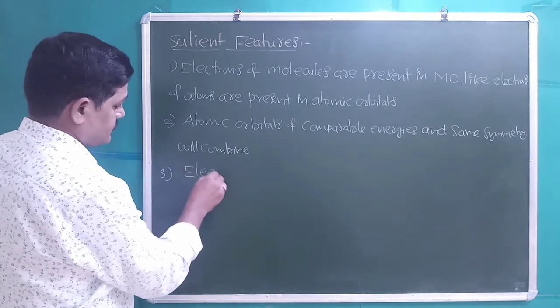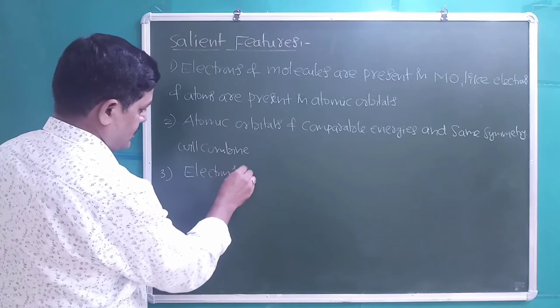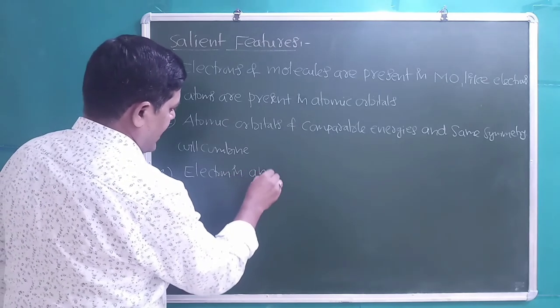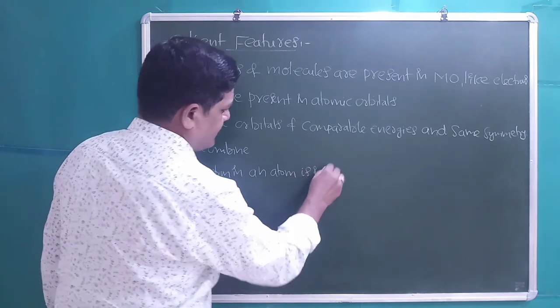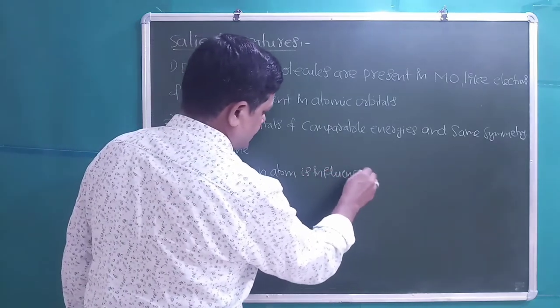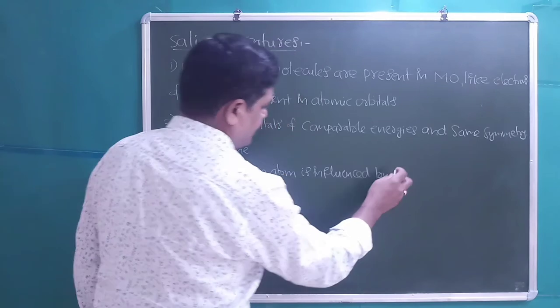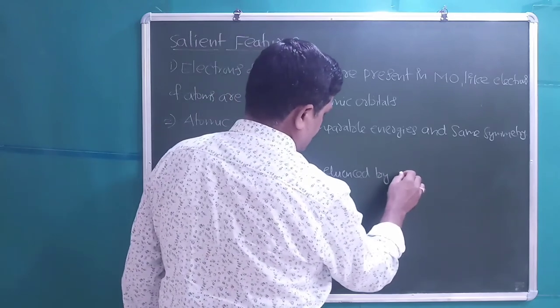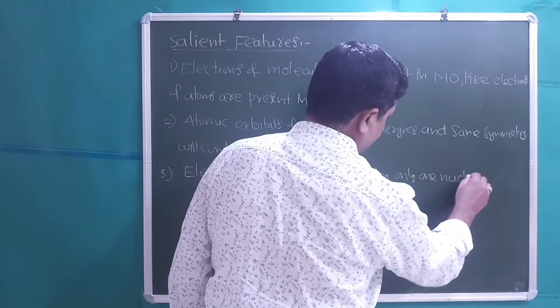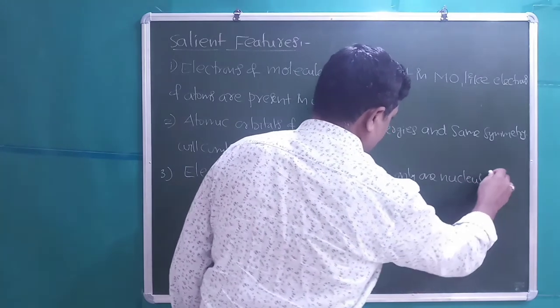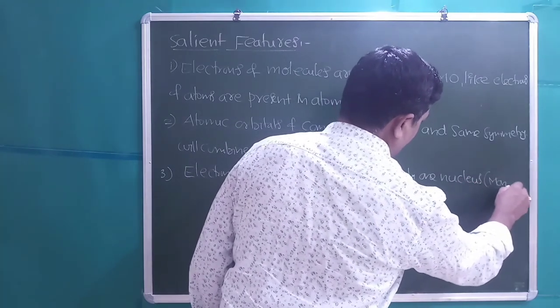An electron in an atom is influenced by only one nucleus, which is called monocentric.